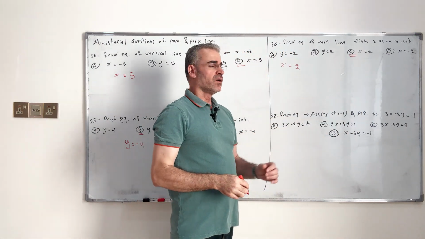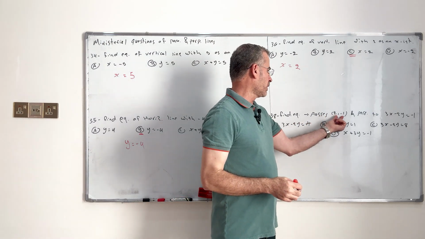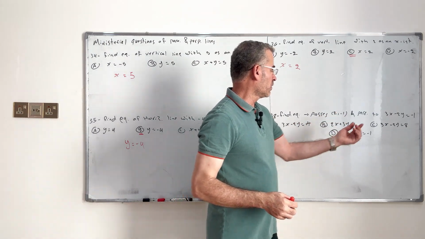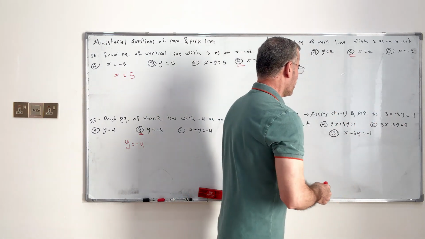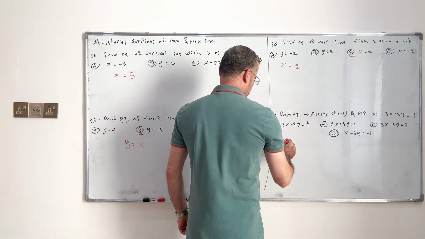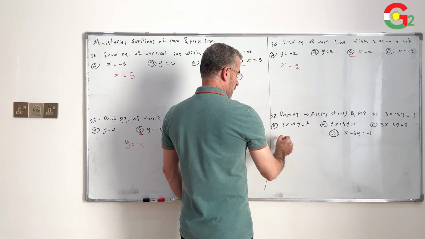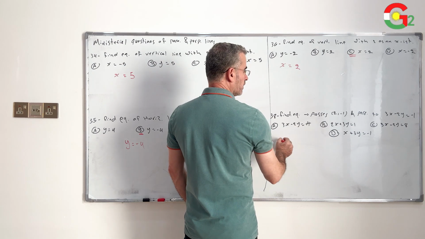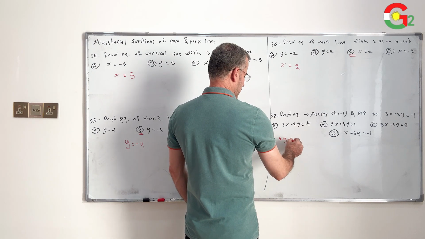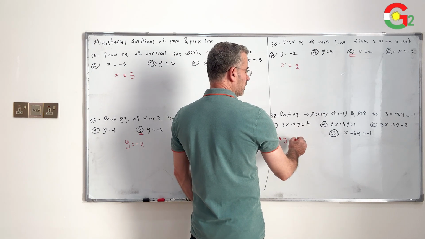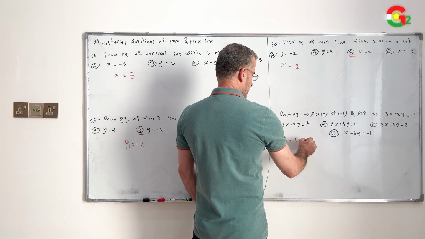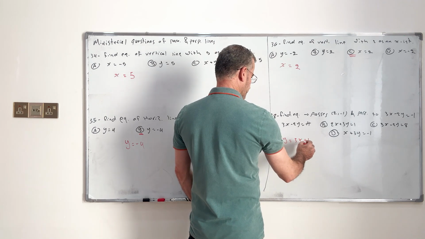Find the equation of the line that passes through the point (2, -1) and is perpendicular to the line. Perpendicular to the line, it has the negative reciprocal slope. Let me find the slope of this equation. Rewrite it as 2y = 3x + 1.